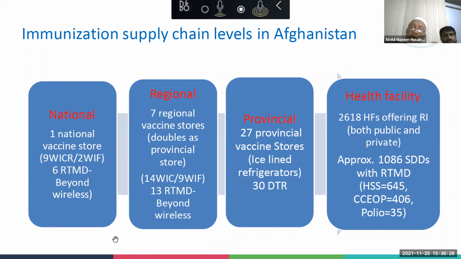In the next slide, presented by Chidi, you will see how temperature, when, where was the pulse, where was the positive thing. Also, we have 27 provinces. For these 27 provincial vaccine stores, we are using Icelined refrigerators, and for these we are using 30 DTR systems, which we also manage through DTR devices.